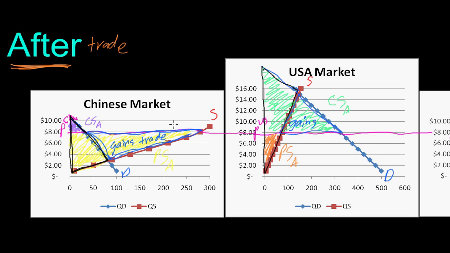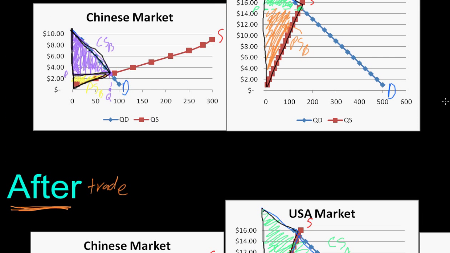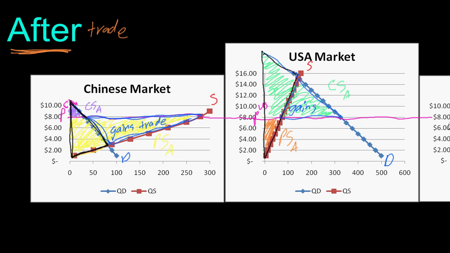The Chinese get to sell their toys at a more expensive price. So the Chinese lose a little bit of consumer surplus, and we can see that from the difference between the purple here and the purple here. So the Chinese consumers are worse off after trade.